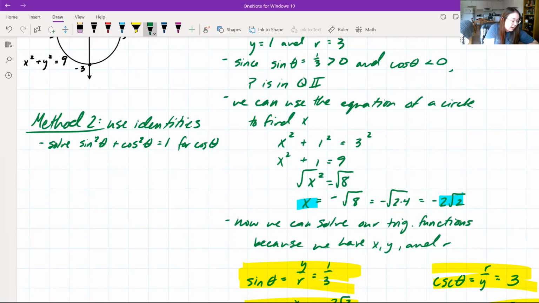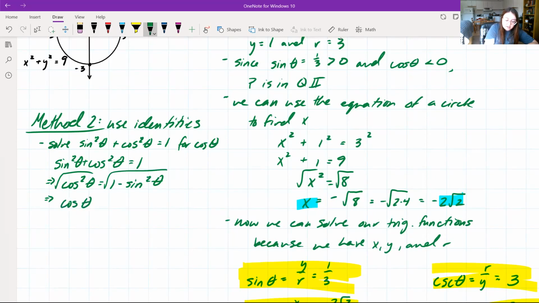We'll subtract sine squared from both sides. We get cosine squared theta is equal to 1 minus sine squared of theta. Take the square root of both sides, and we get cosine of theta is equal to positive or negative square root of 1 minus sine squared theta.